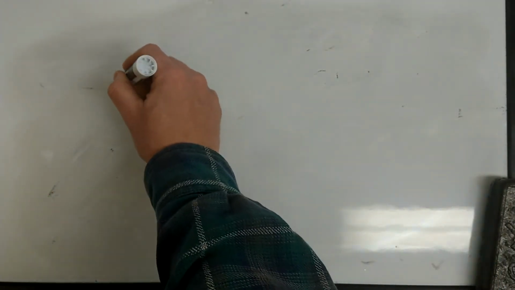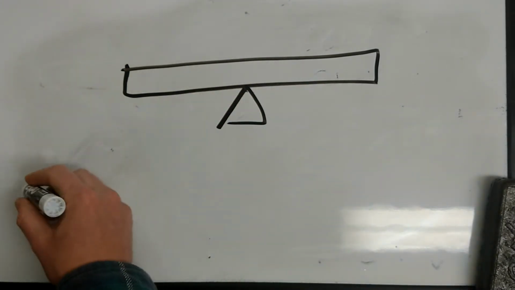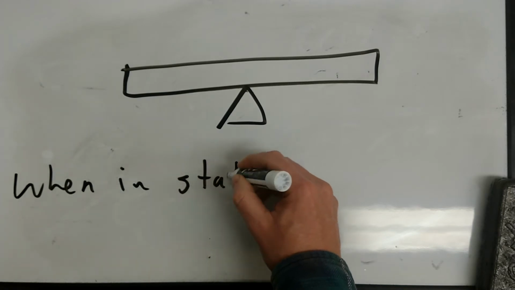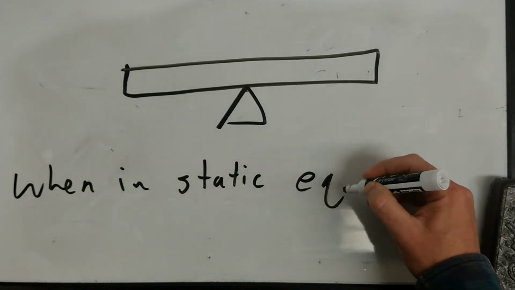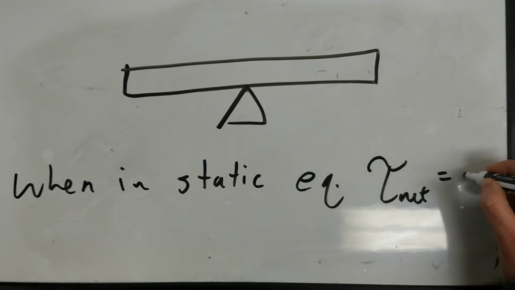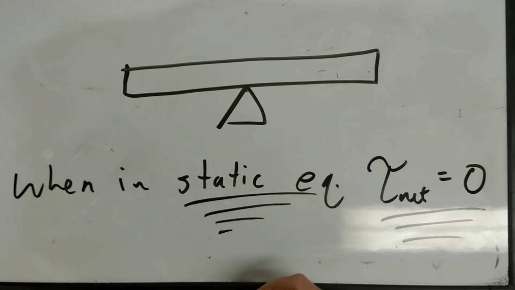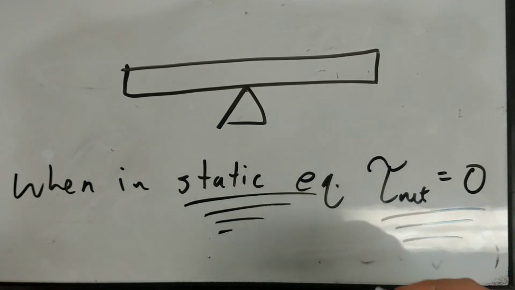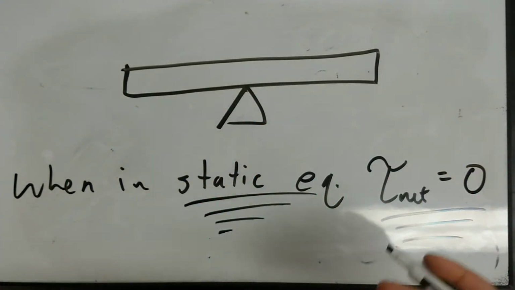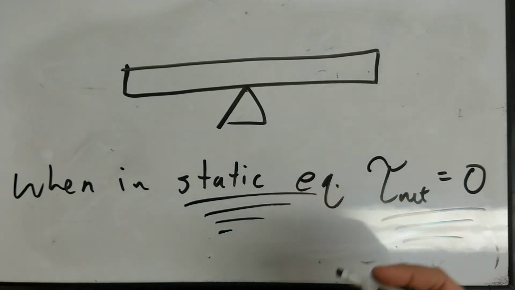So if we look at the old plank, in static equilibrium, net torque is 0. This is like net force being 0. It's in dynamic equilibrium when net force equals 0. Static equilibrium means also the net torque is 0, right?